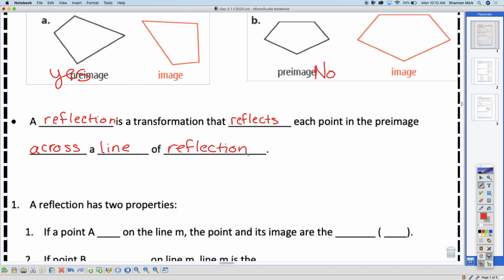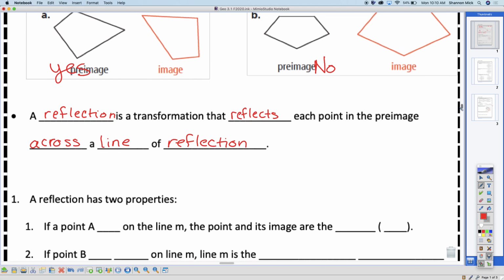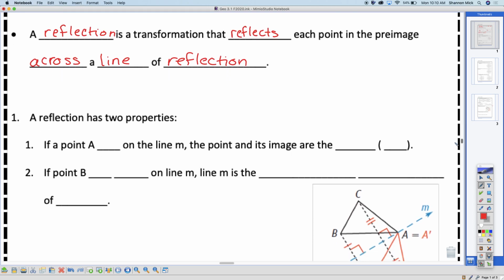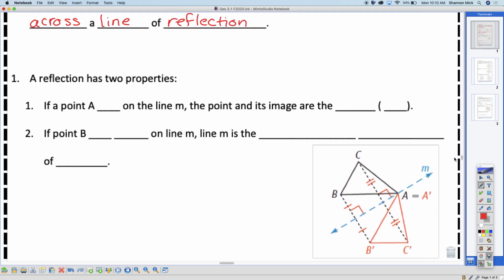Okay, reflection has two properties. If point A is on line M, here's our picture, okay? This is our pre-image, the black. And the red, I think the screen distorts the pictures because that's exactly the same. It looks like it's not, and it's exactly the same.